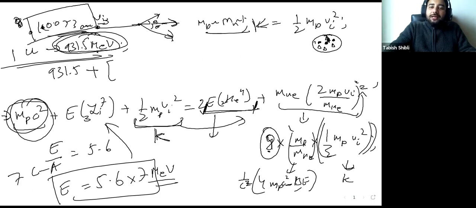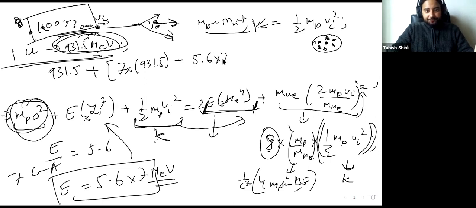Well, it's just going to be the individual energies. If the mass of the neutron and the mass of the proton are exactly the same, how many total are there? 7. So I'll use 7 here, multiplied by the mass of the neutron, which is just 931.5. I'm converting everything into mega electron volts already, minus the total binding energy. What is the total binding energy? It's 5.6 into 7. Binding energy per nucleon multiplied by the total number of nucleons. Okay, this is the second term.